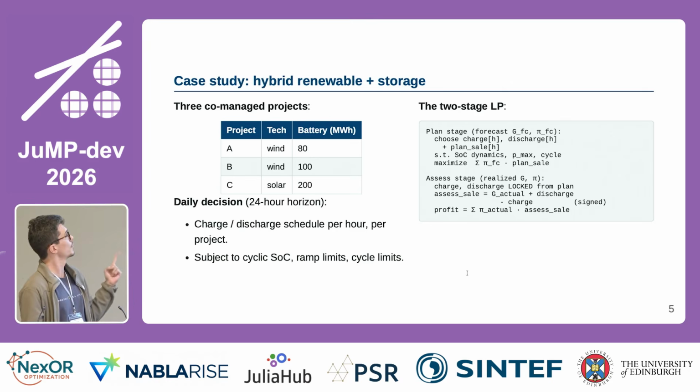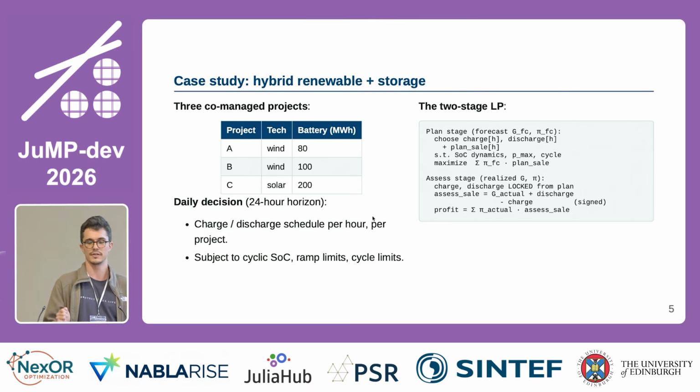The decisions we want to make here are the actual battery operation. We want to decide on a 24-hour horizon how we will charge and discharge the battery, of course with respect to all the constraints. We are doing this operation for 3 different plants, so this brings another level of complexity.